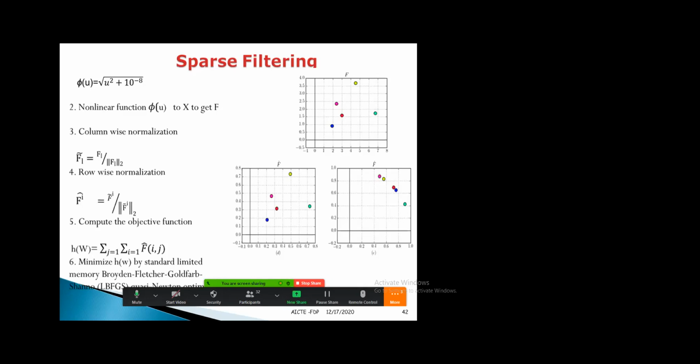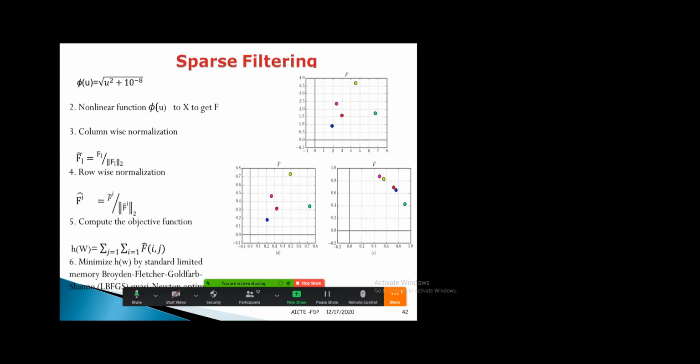If you see the features, they will have values for all the rows and all the columns. Very few zero elements will be there. So the first step in sparse filtering is to make your data sparse by applying a nonlinear function, and then there are two more steps.